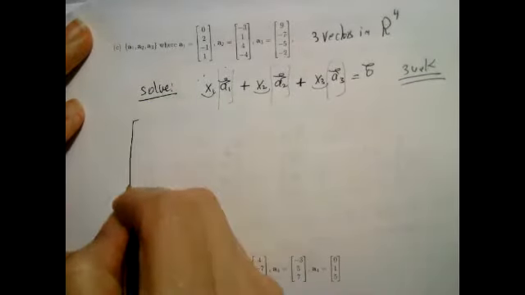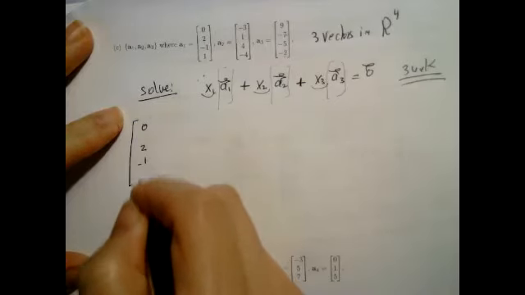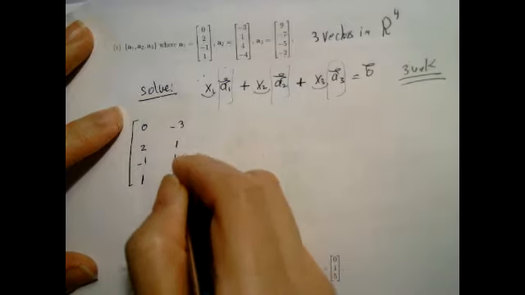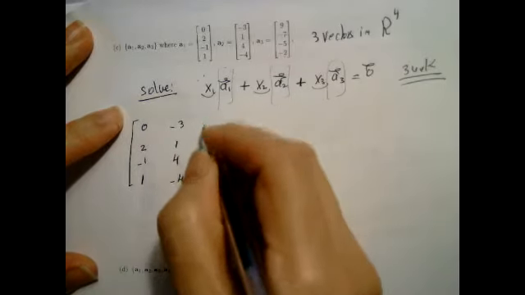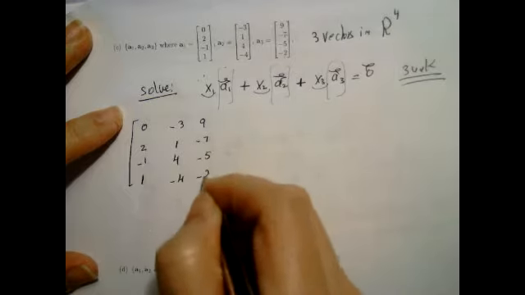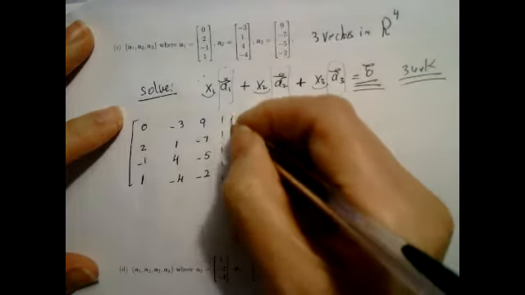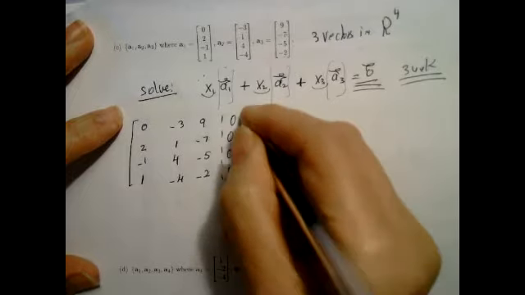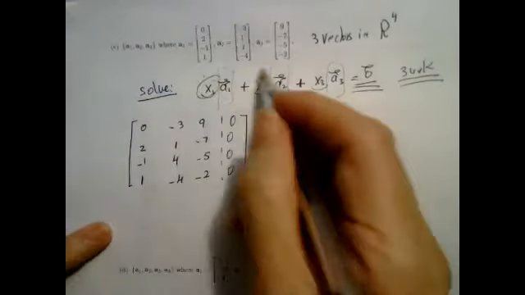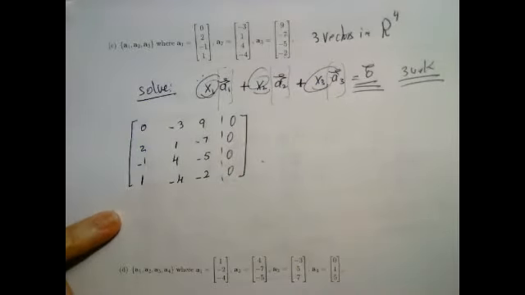And the system will have for augmented matrix 0, 2, minus 1, 1, minus 3, 1, 4, minus 4, 9, minus 7, minus 5, minus 2 equals 0. And I insist that you put the zeros. Otherwise, you will be totally confused. So to solve for x, I need to solve the system having this as an augmented matrix.